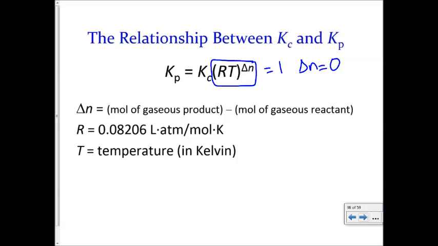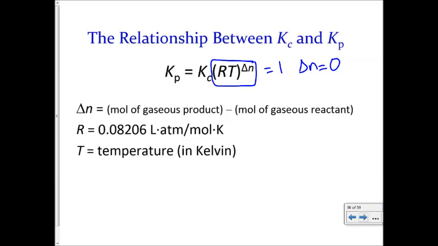So do make sure, if you have the same moles of gaseous product and gaseous reactant, that you realize Kp and Kc will equal each other, because your delta N ends up being 0 in those cases. Simple math relationship going on. All right? So, if delta N is 0, that whole section of the equation just goes right to 1.